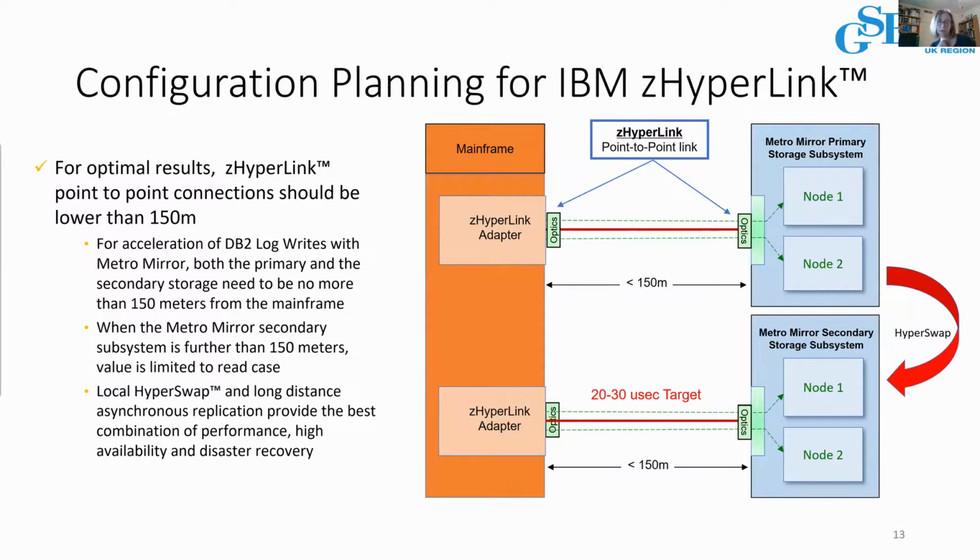From a configuration perspective, with Metro Mirror, it's important to note that the PCIe optical cable point to point has some limits based on speed of light. So we do recommend that you keep whatever box you're going to connect to the mainframe within 150 meters. So when you are talking about Metro Mirror, that means that you need to have your primary and your secondary within 150 meters.